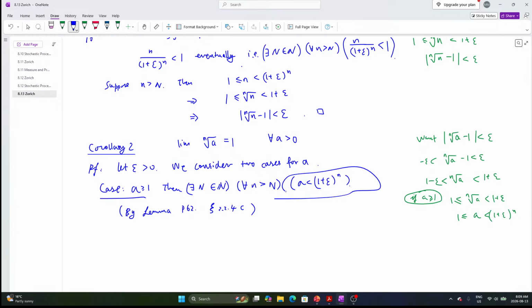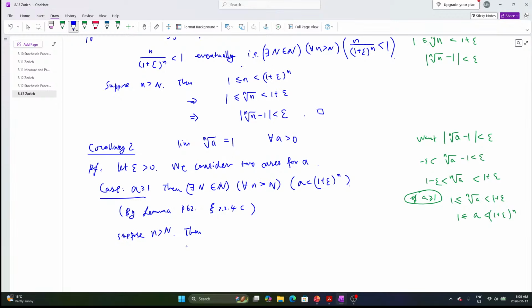Okay, so that's nice. And now we just reverse the logic we did in the Scratch work. So now suppose we need all the ingredients in the limit definition. We have let epsilon greater than 0, we have there exists big N, so we suppose little n greater than big N. Then just reverse the logic.